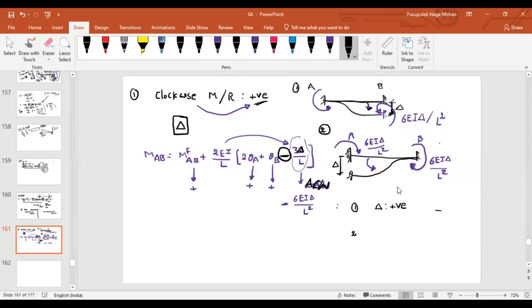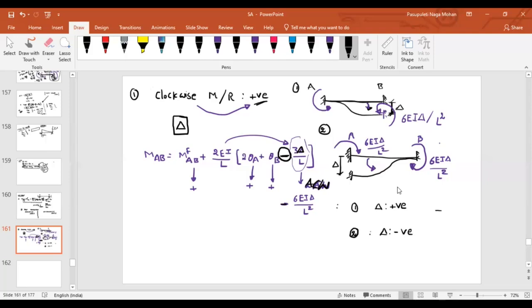Or if you talk about the second case, you can see here, in the second case, they are acting in the clockwise direction. But in the equation, we have considered it as a negative. So according to the equation, we have to consider the second case as negative.